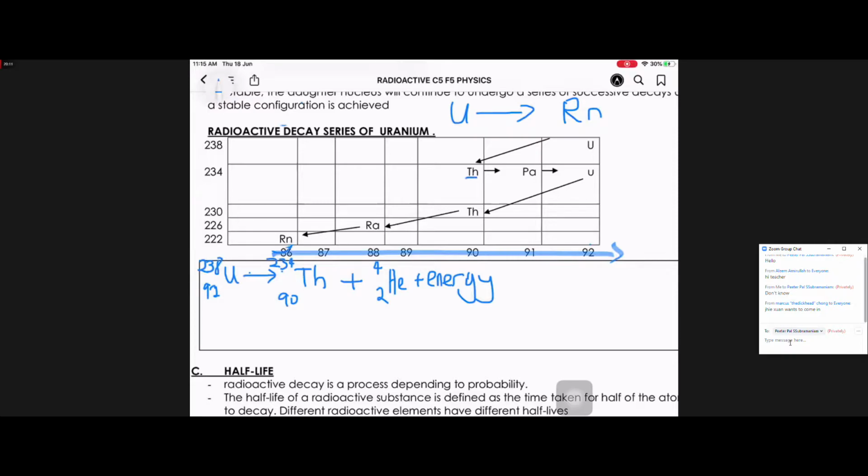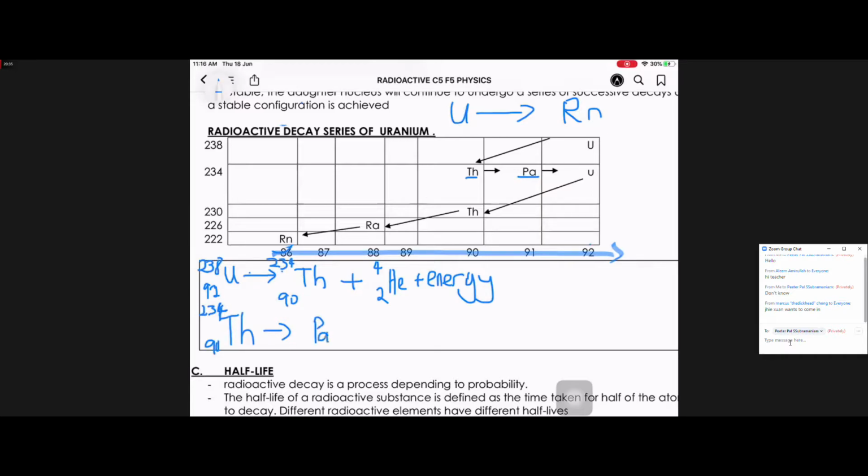It starts from thorium to Pa. So thorium is 234, 90. And then it forms Pa.